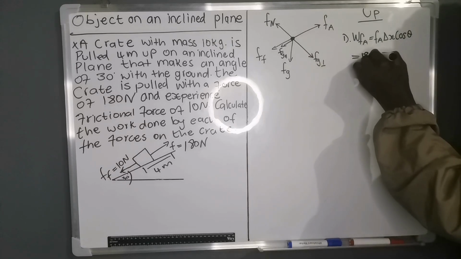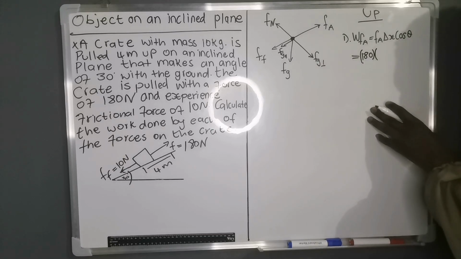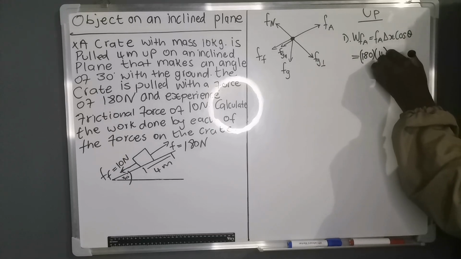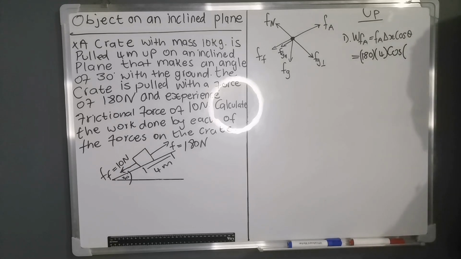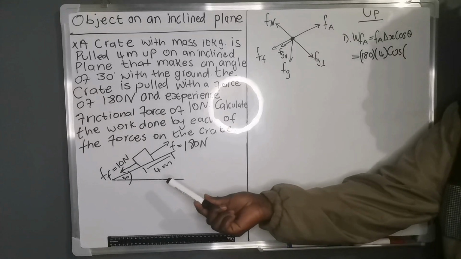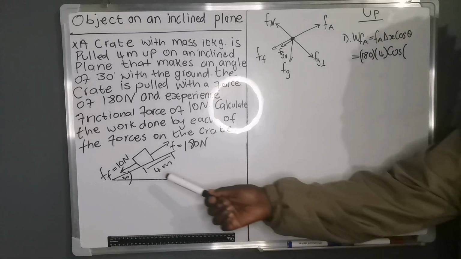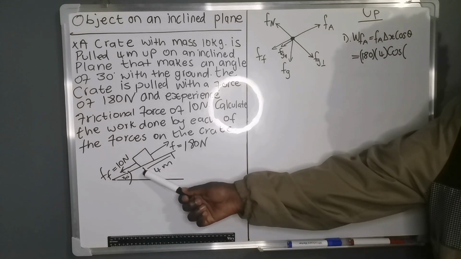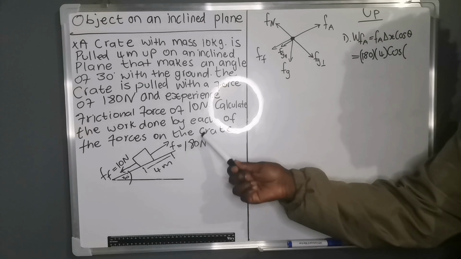What's the value of F applied? 180 newtons. What's the value of change in x? 4 meters. Then what's the value of theta? Remember, our angle theta is the angle between the force and the displacement. If you look at this diagram, our displacement is going up in the same direction as our force.